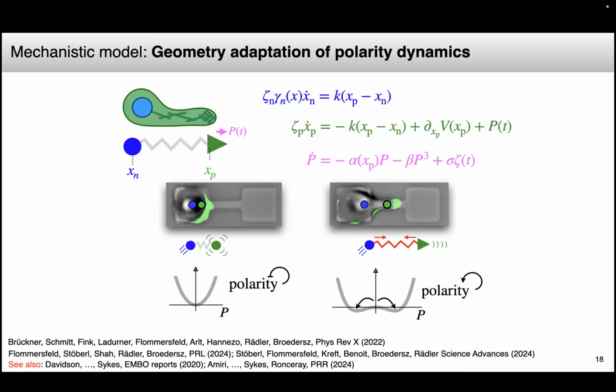Yeah, so if I understand your question right, this model does not make a statement about what is generating this feedback mechanism. It just says, well, if we want to make sense out of all these different statistics of the protrusion and the nuclear coordinate, a model that can capture all these statistics is one in which you have this feedback mechanism. It does not tell you what the underlying molecular process is or what has caused this. That I think is still an open question.